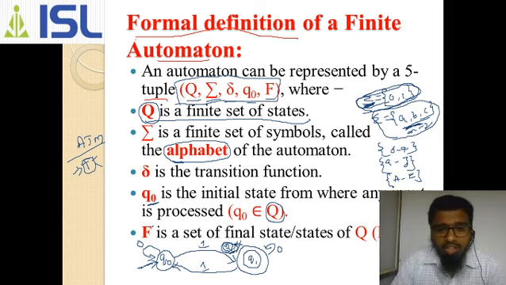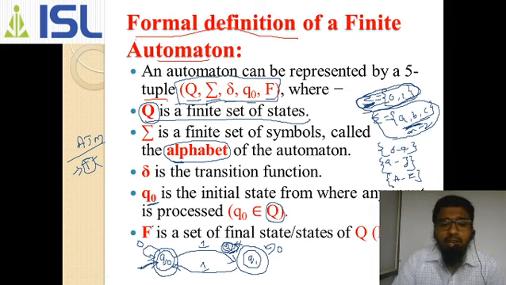Capital F is the set of final states, F, a subset of Q. So it is not compulsory that you will have only one final state. You may have more final states, and it is possible that the initial state can also be a final state.